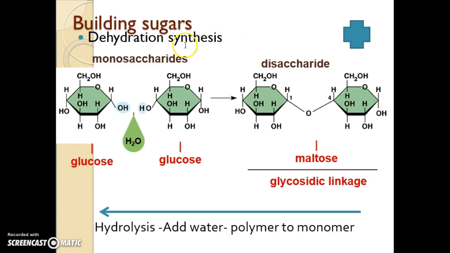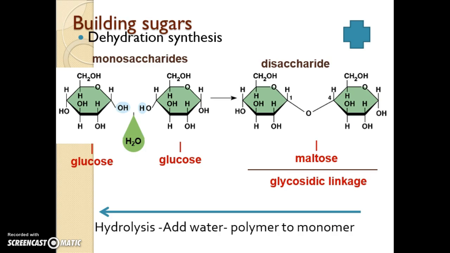This is also known as condensation synthesis or a condensation reaction. So the same idea, condensation, you're pulling out a drop of water. And the same thing with dehydration. We're pulling out a drop of water, and that is going to be building a molecule. So the bond that's formed is called a glycosidic linkage.